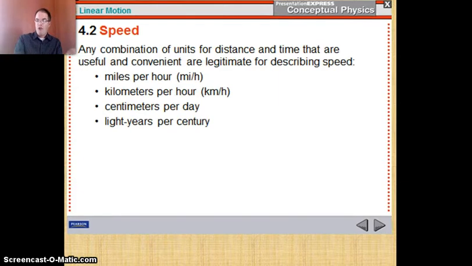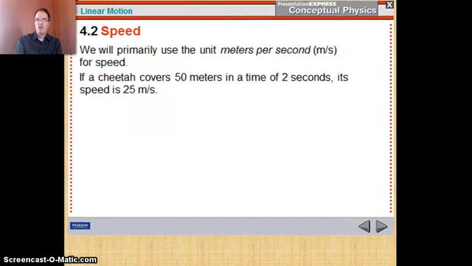To describe the speed, you need to have a number plus some kind of units. Miles per hour are well understood by most of the people in this class. Kilometers per hour, maybe a little bit less so. We will use meters per second for this class.